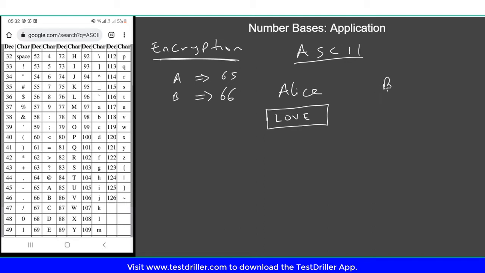Alice wants to send that information to Bob. This time around, Alice wants to send it in such a way that whoever is trying to tap into what is happening will not get to know what's happening.